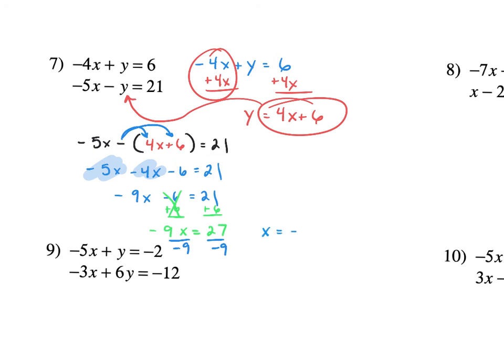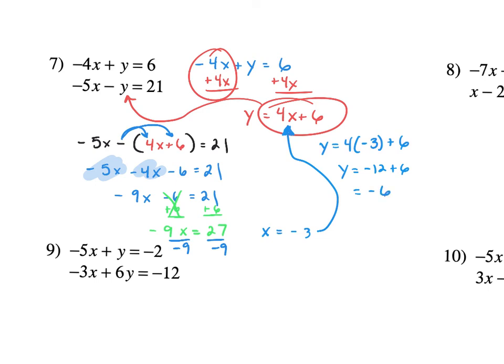Looks like x is negative 3. I know the x value where these two lines intersect each other. I have to find the y value, but I have a beautiful equation up here that tells me how y and x are related. It says the y value is 4 times x, which we now know is negative 3, plus 6. So negative 12 plus 6, the y value must be negative 6.